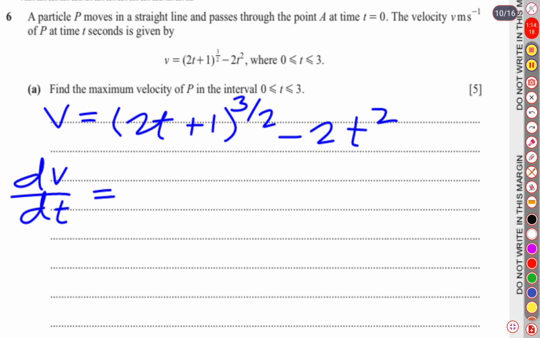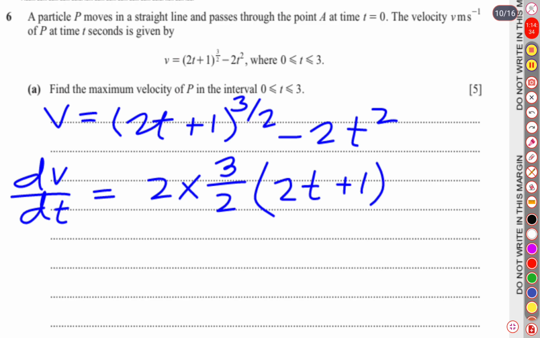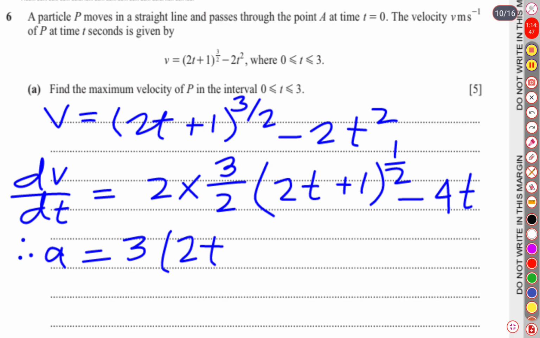If we differentiate, it is going to be 2 into 3 over 2, and the exponent is going to decrease by 1. From 3 over 2, if we decrease it by 1, it is going to be half. Minus 2 twos are 4, and it is t. Hence our acceleration is going to be 3 into (2t plus 1) raised to half minus 4t.